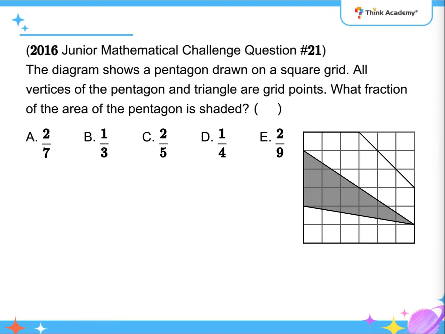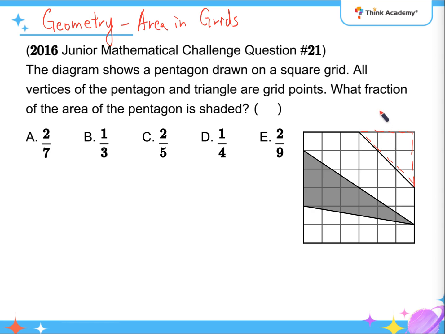And then moving on to question 21. Let's say this is going to be a geometric question. So it belongs to the geometry module, and it's going to be the area in grids. So first of all, we can see that we have a pentagon there by removing this triangle from the whole.